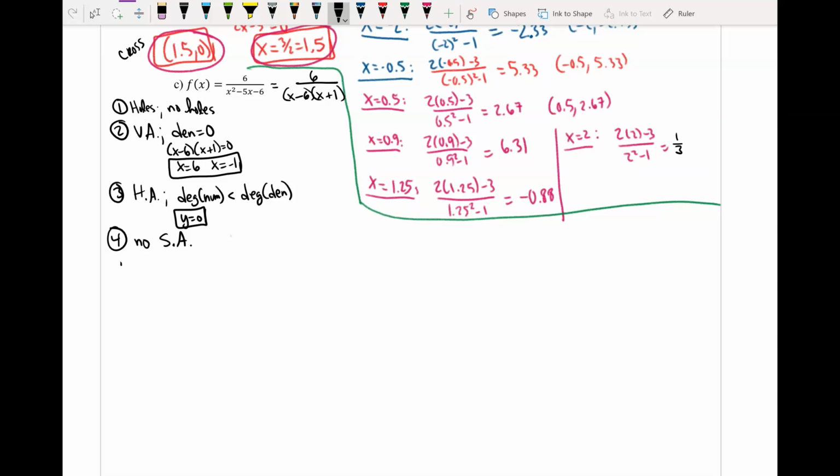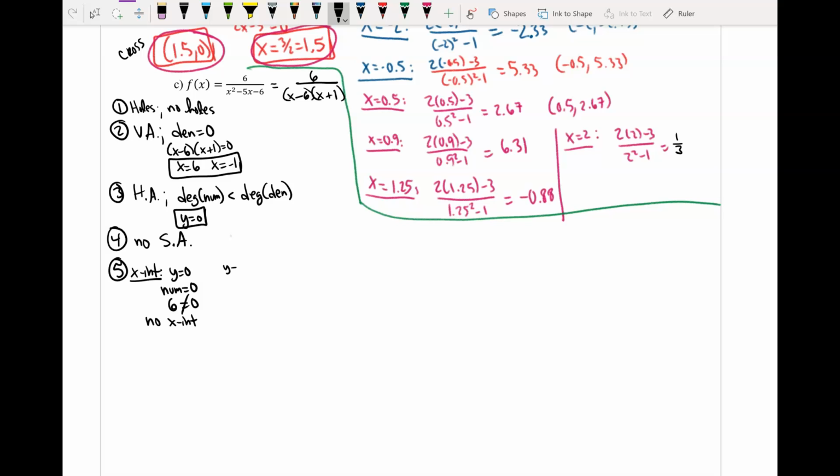Alright. Now let's look for our x and y intercepts. For our x-intercepts, remember our trick was to set the numerator equal to 0. When I set the numerator, which is 6, equal to 0, that gives me nothing, which means there's no x-intercept. So this is not going to cross the x-axis at all.